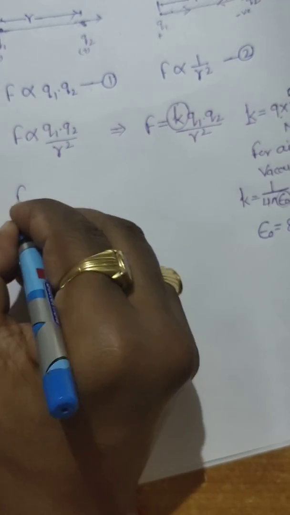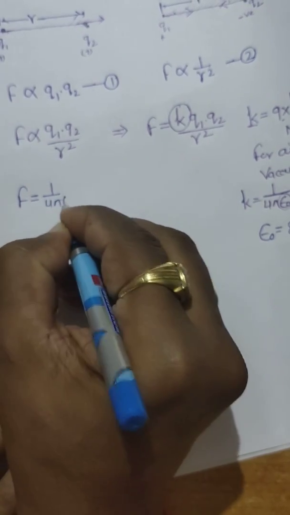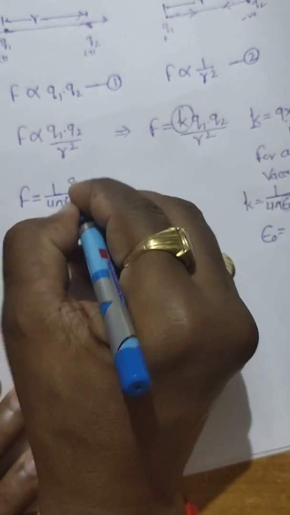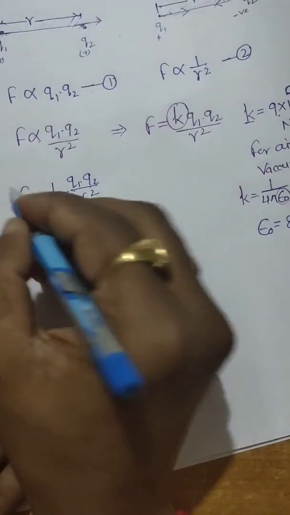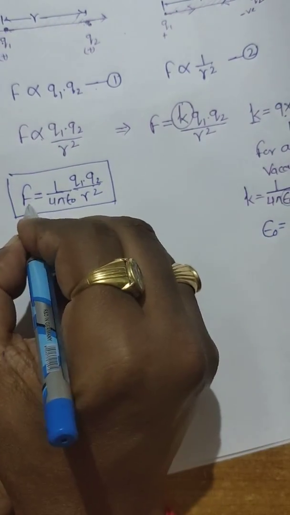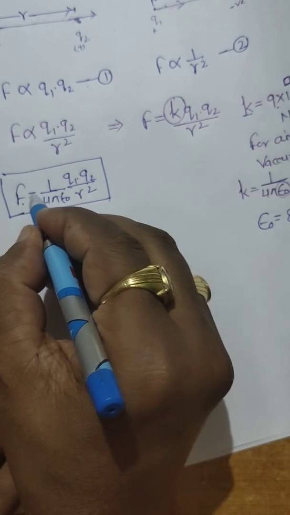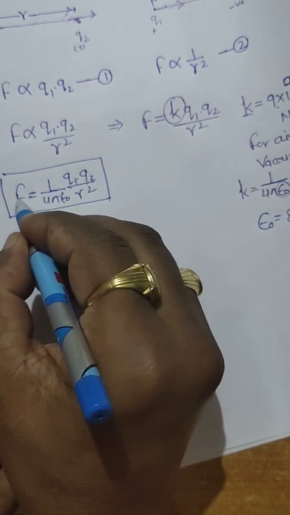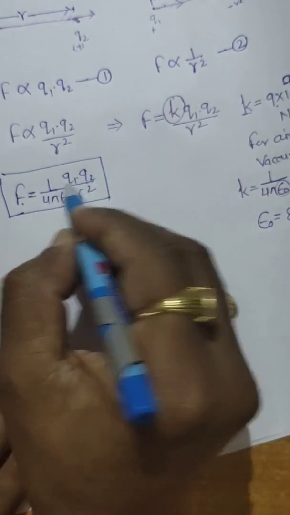Suppose we change the medium. Now we can write this formula in this form: 1 upon 4 pi epsilon 0 times Q1 Q2 upon R square. This is the force between two charges in air or vacuum. The magnitude of this force is independent of the nature of the charges.